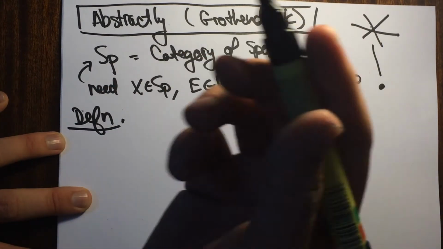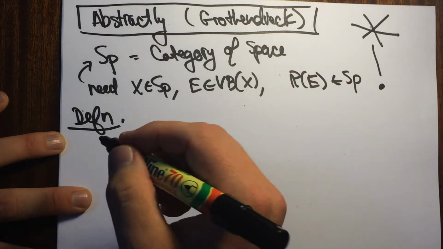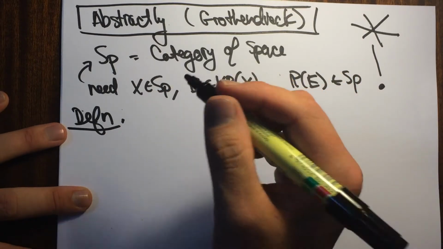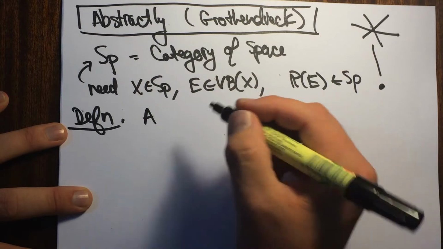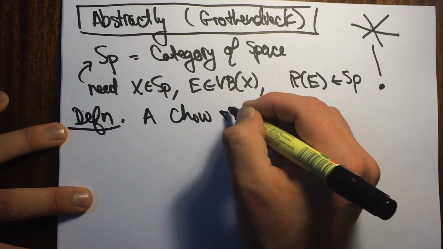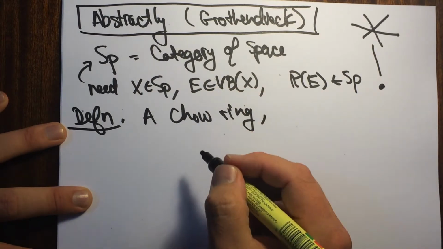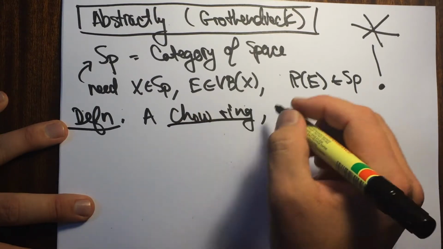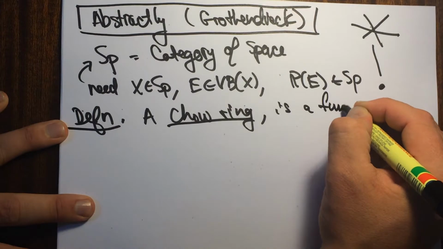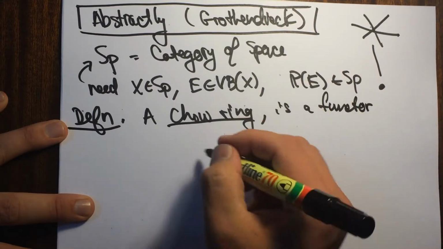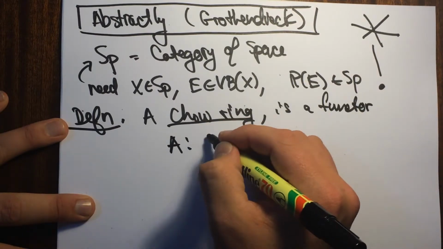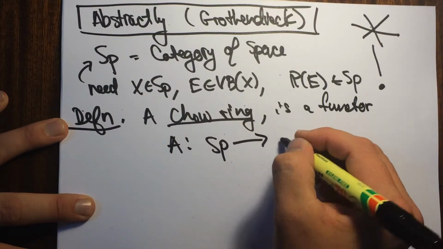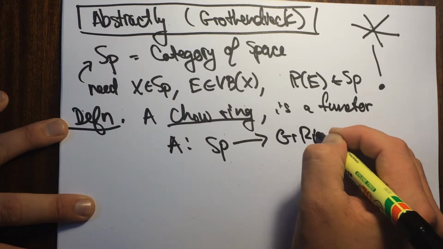Okay, so the definition now. Here's what Grothendieck says: a Chow functor. So what is a Chow ring? A Chow ring has some data. A Chow ring is a functor A, where we go from these spaces to these graded rings.